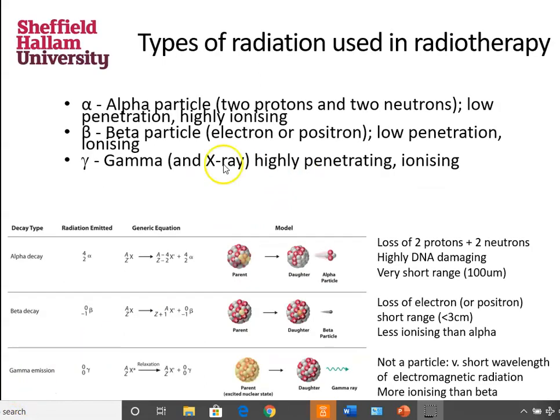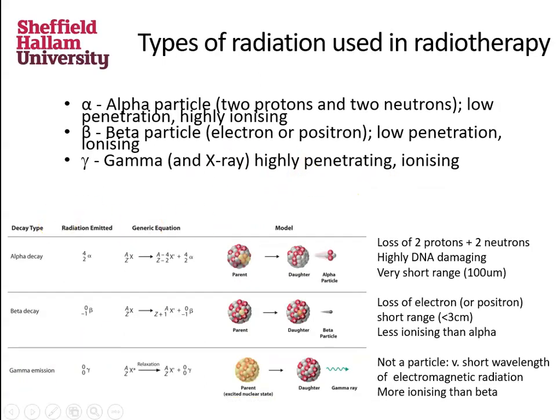So this slide basically shows what the main types of radiation are. An alpha particle is 2 protons and 2 neutrons. They have very poor penetration into tissue, so even within tissue they can penetrate about 1/10 of a millimetre, if that. So this comes from a radioactive atom, where a radioactive element would be implanted or injected into a patient.